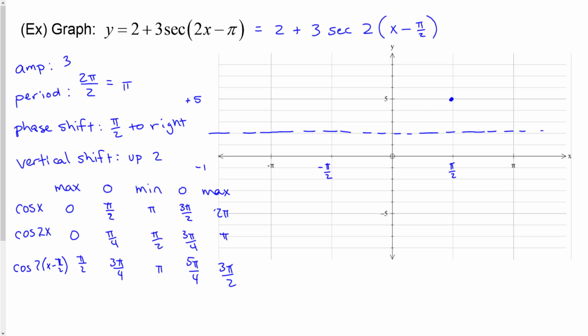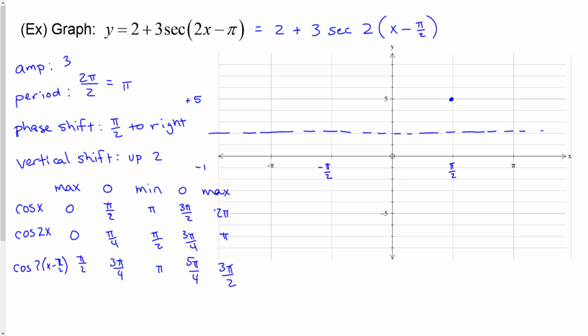You can verify those with just a little bit of work with fractions. For instance, pi over 4 plus pi over 2 would be the same thing as pi over 4 plus 2 pi over 4, which would be 3 pi over 4. So that's where I'm coming up with those numbers.